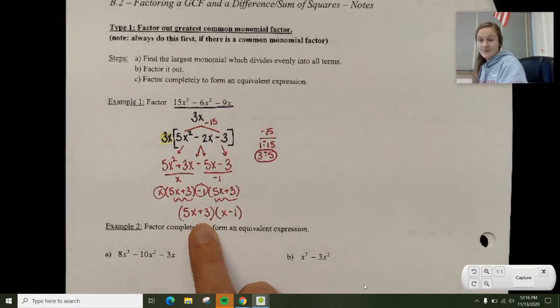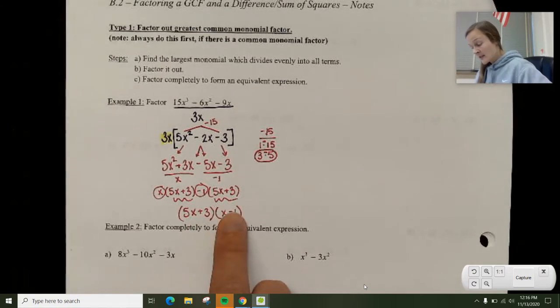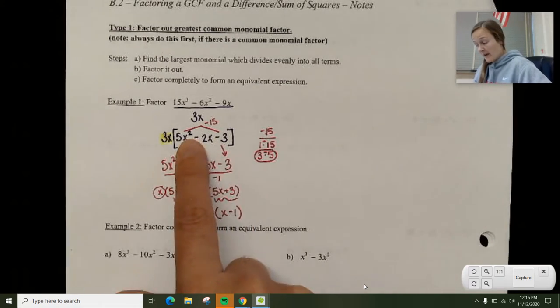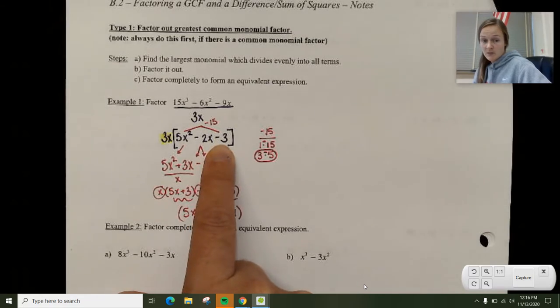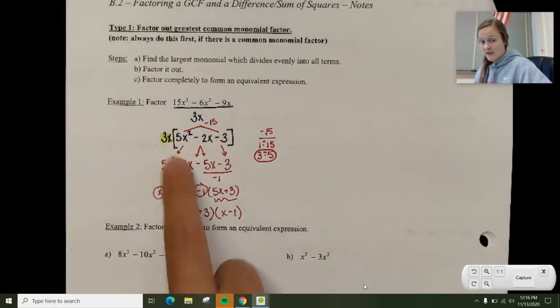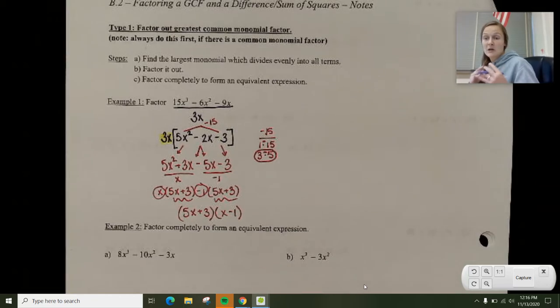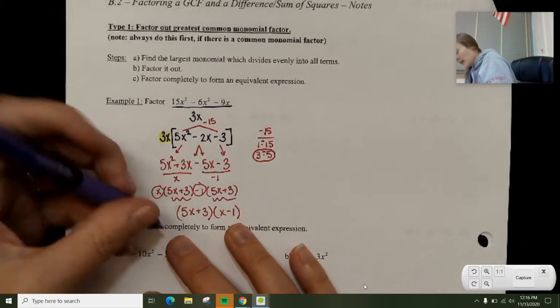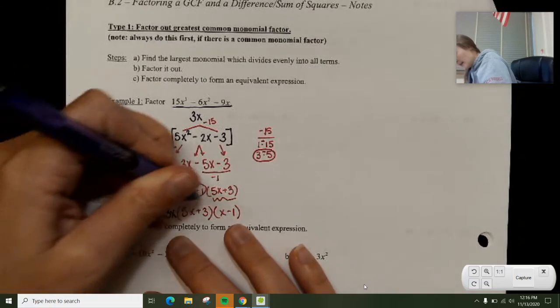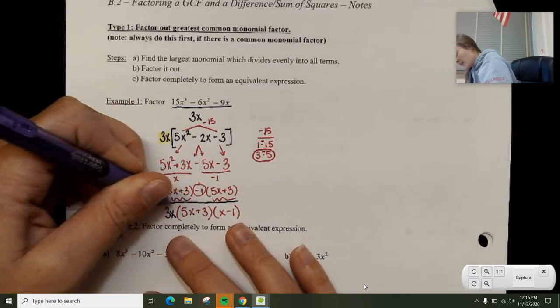And now this is where I'm saying don't forget about that GCF you took out at the beginning. This here is only equal to 5x squared minus 2x minus 3. I can't forget about this 3x because I want the whole expression that I get to be equal to the original. So I need to bring this 3x down here, and it's out in front of my factoring.